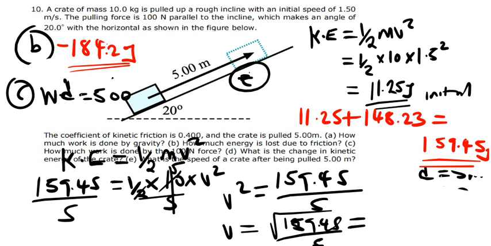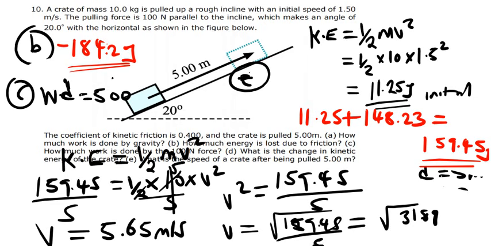This will be the square root of 31.89. Then the square root of that, what do I have as a final velocity? I'm going to have 5.65 meters per second. So basically that's how I'm going to find the speed.